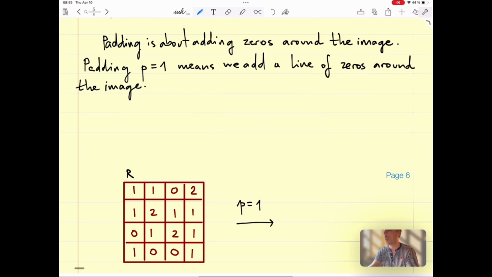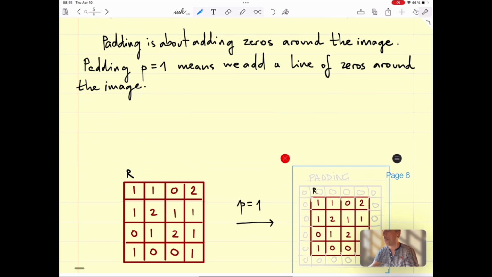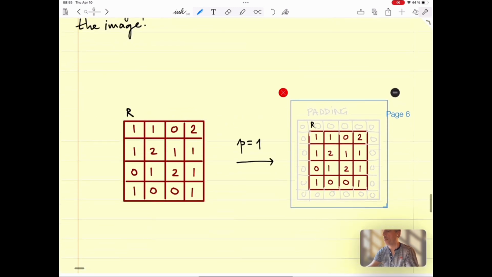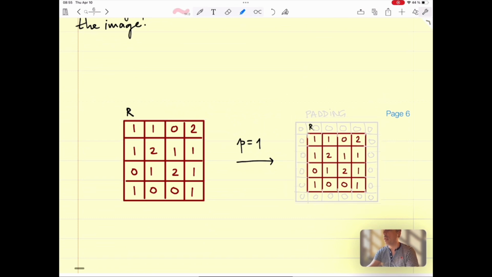We have added a bunch of zeros around our data. Okay?